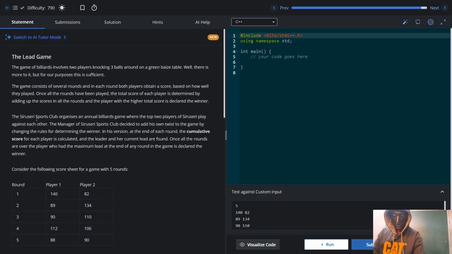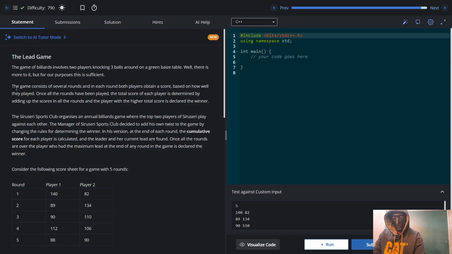But the Siruseri Sports Club organizes an annual billiard game where the top two players of the town play against each other. So the manager of this sports club decides to add his own twist to the game by changing the rule to determine the winner.